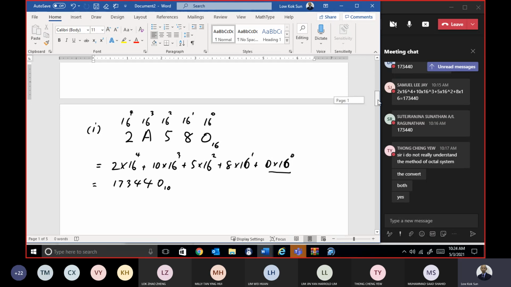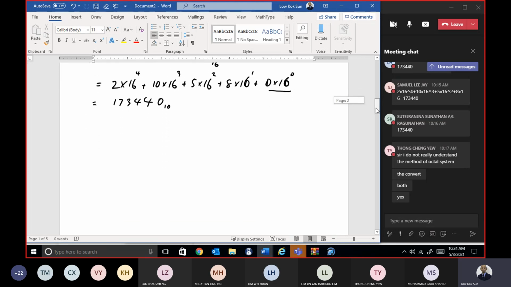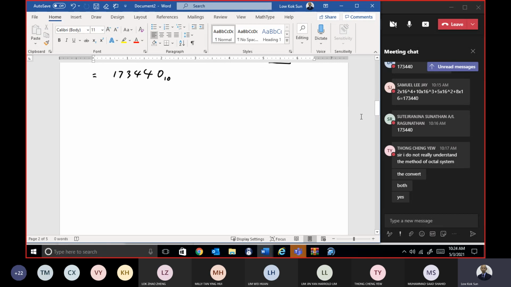But now I want to combine all the systems and see some shortcut. Now listen here. If I want to convert system 2 to system 10, what should I do?